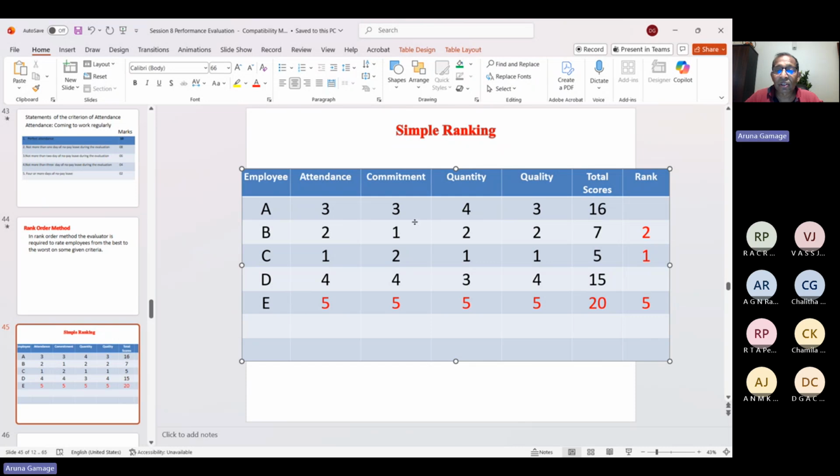Here 3, 3, 9, 9 plus 4, 13. So it's the third. Then fourth. That is how they are evaluated. Understood? Is that clear?